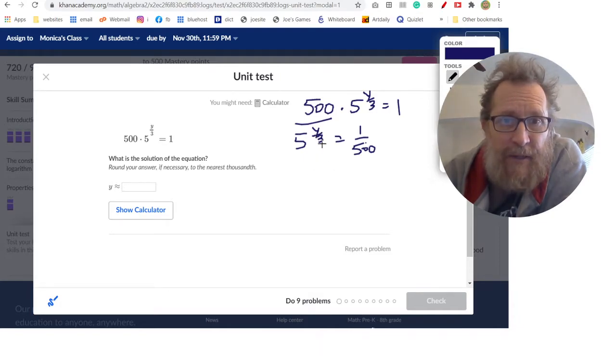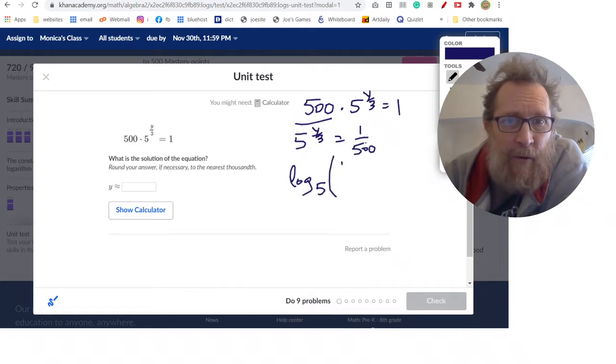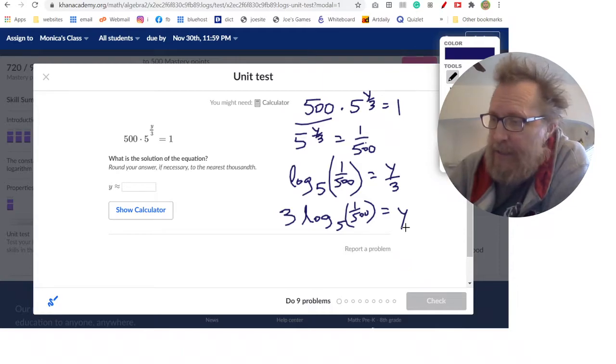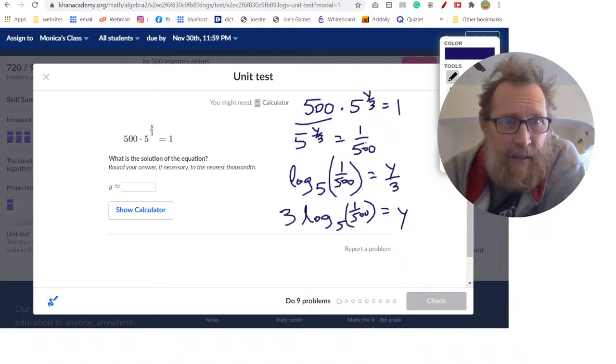What this means is that the log base 5, base stays the same, of 1 500th equals y thirds. Then I just need to multiply both sides by 3 to get y: 3 log base 5 of 1 500th equals y. So I plug that into the calculator.